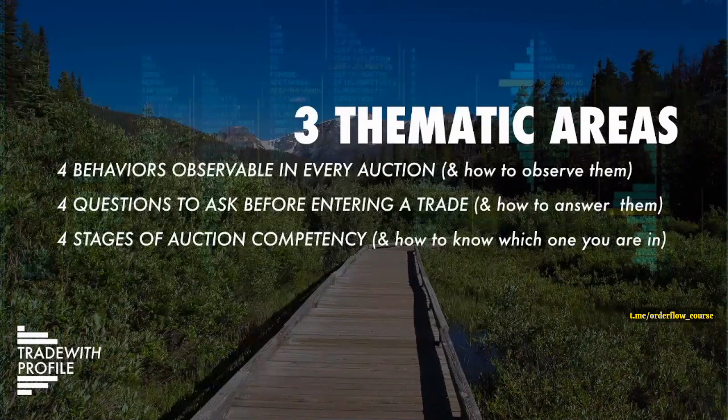In the simplistic way we think, it's: what are the 4 behaviors observable in every auction, and how can you observe them? What are the 4 questions to ask before entering a trade, and how to answer them? And what are the 4 stages of auction competency, and how do you know which one you're in?